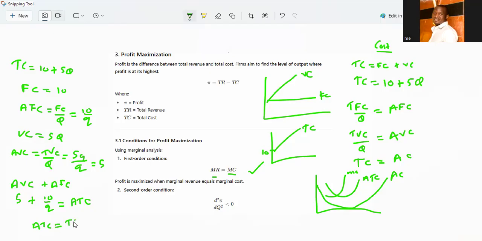What was our total cost? Our total cost was what? 10 plus 5Q. So we divide each individual term by Q. So 10 over Q is 10 over Q. 5Q over Q is simply 5. So this is what we call our average total cost. Are we together?